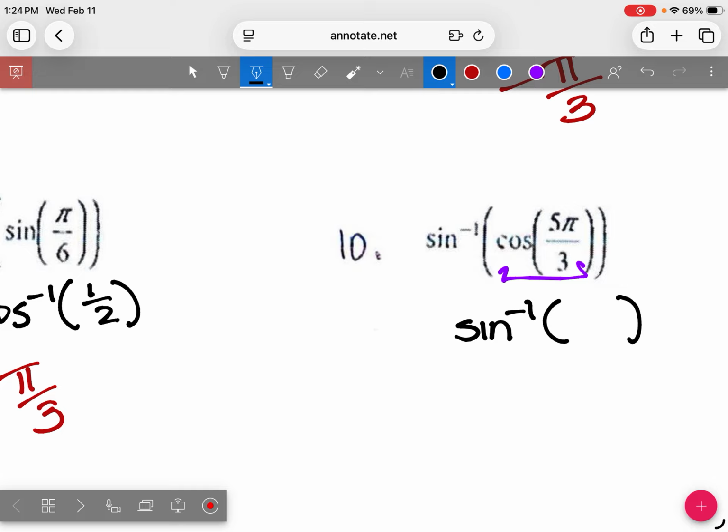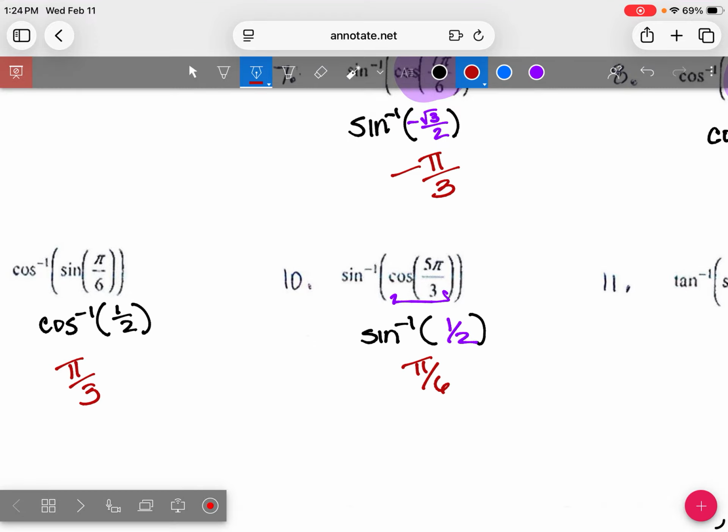What's the cosine of 5 pi over 3? 1/2. Now you're going to look in quadrants 1 or 4 and figure out the inverse sine of 1/2. What angle has a sine of 1/2? Pi over 6.